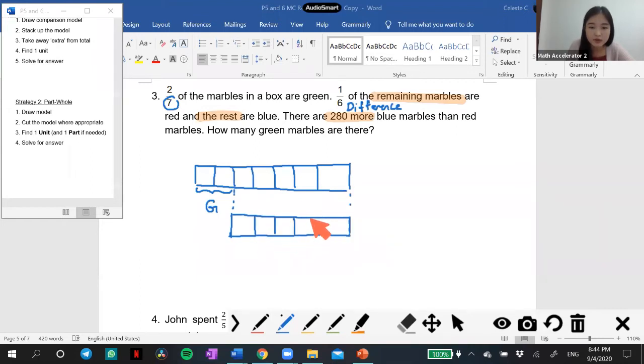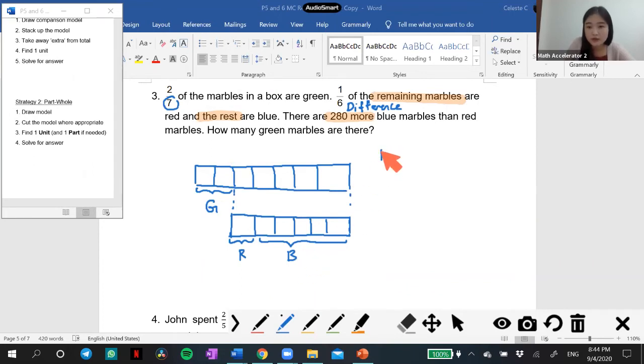Now I can cut to 6. 1, 2, 3, 4, 5, 6. So 1/6 of this is for the red. Everything else is blue. Right, so earlier on, we know that 280 more blue marbles than red. That's the difference.